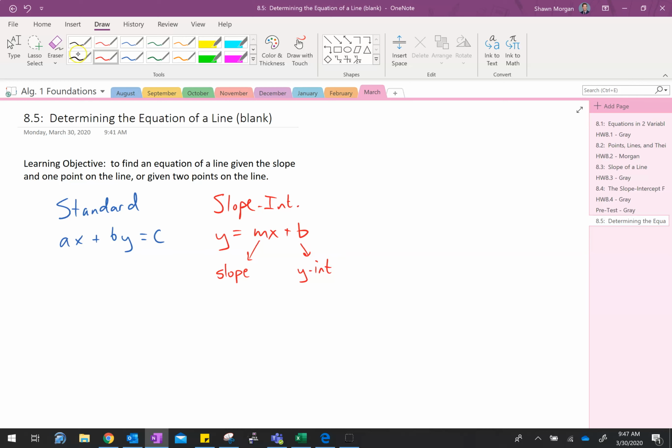So our first example is going to be: find the equation of the line when you're given a slope of 2 and a y-intercept of 3.